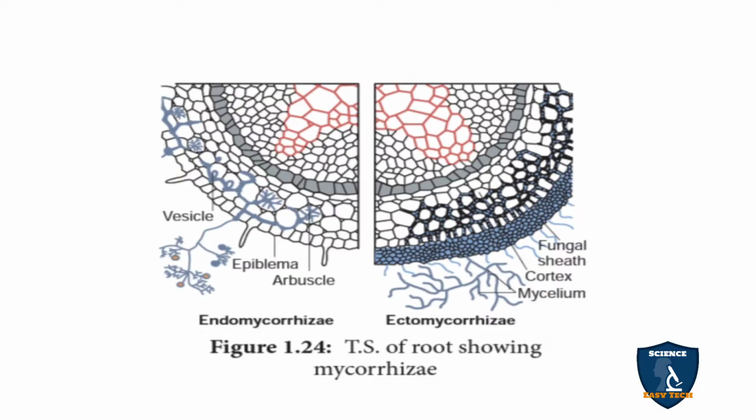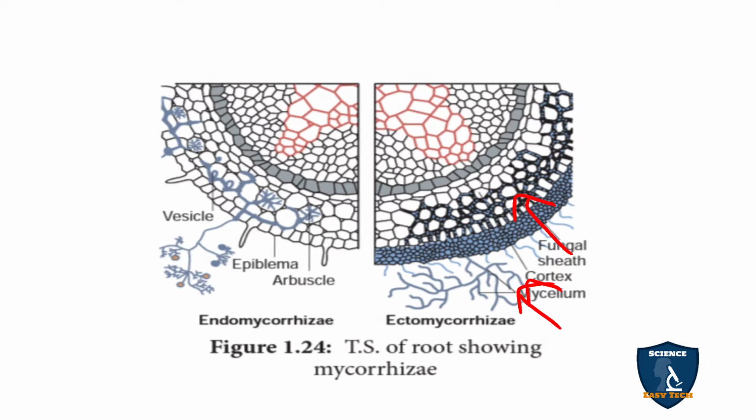Ecto-mycorrhiza. Ecto means outside. A network of mycelium is formed outside the endodermis and it forms a sheath-like structure. This mycelium enters the cortical cells, in between the intercellular spaces, into the cortex region.